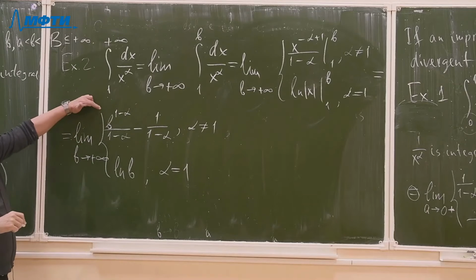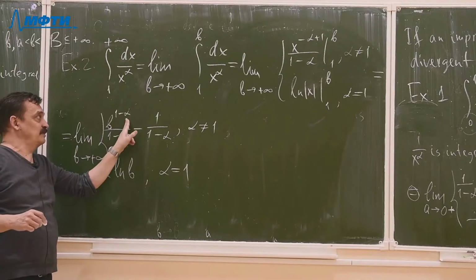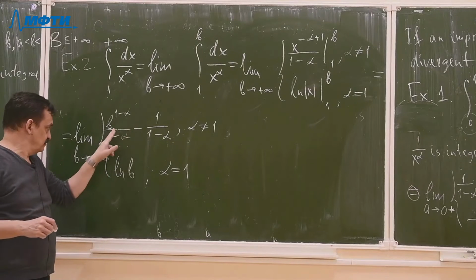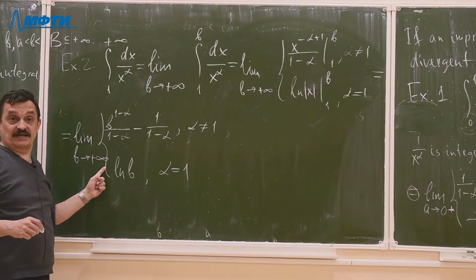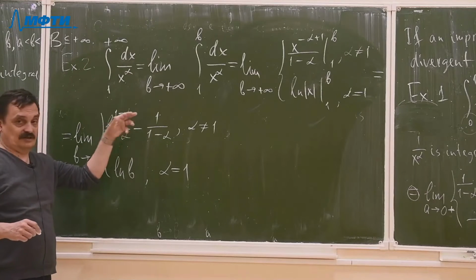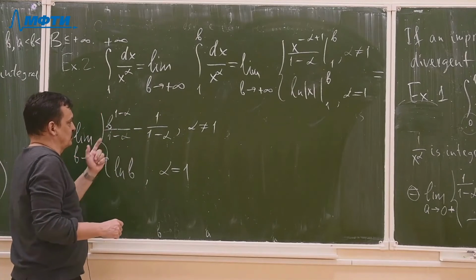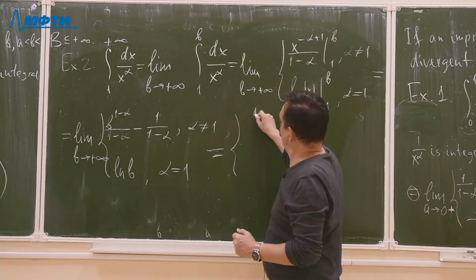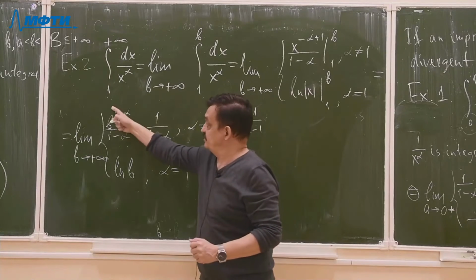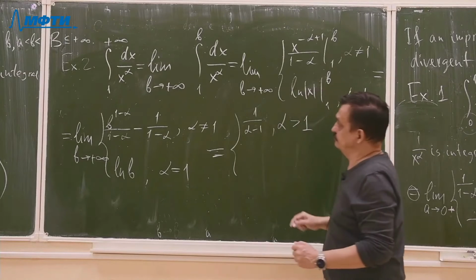Now, when will this limit be finite? Look at this. If the exponent is negative, then this limit is 0. If b tends to plus infinity, so b is large, then for negative exponent we have limit equal to 0. So I can write that the limit will be 1 over alpha minus 1 for negative exponent, and it means alpha greater than 1.